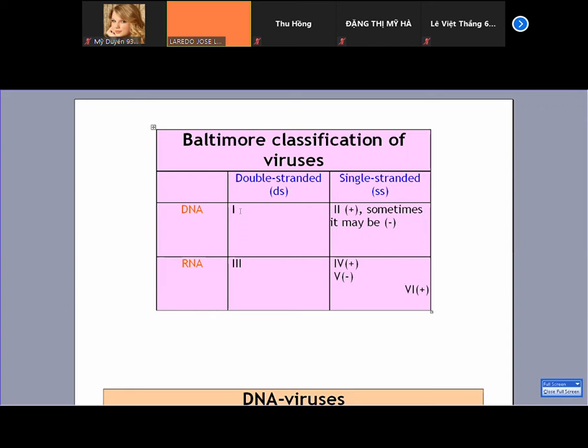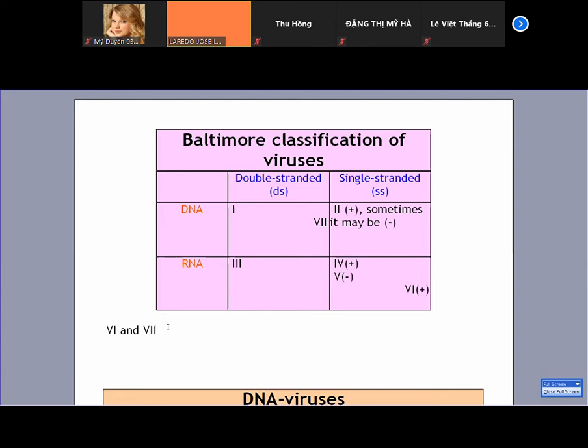And where is type 7? Type 7 is here. Type 7 is DNA double-stranded. But type 7 is strange, so I am going to move it here to the right side. So look, type 6 and type 7, they are special for something.